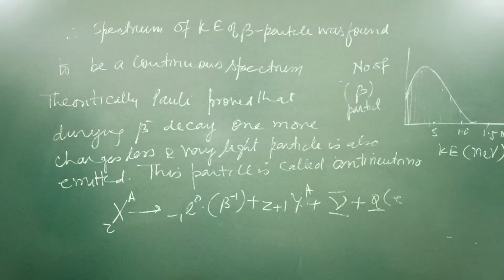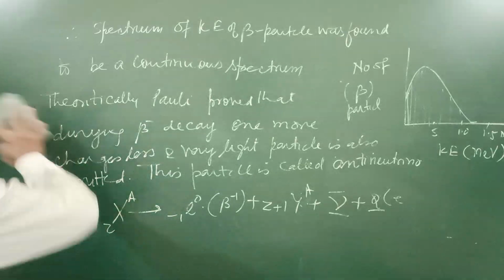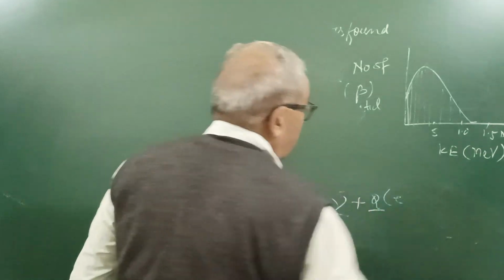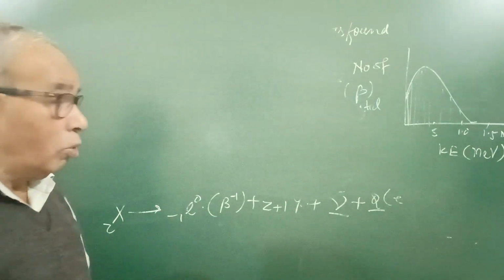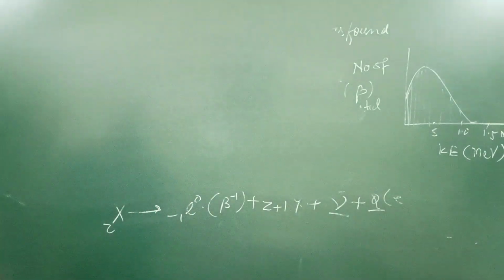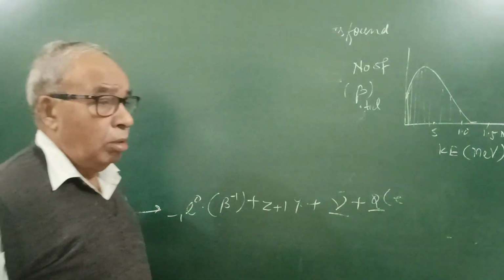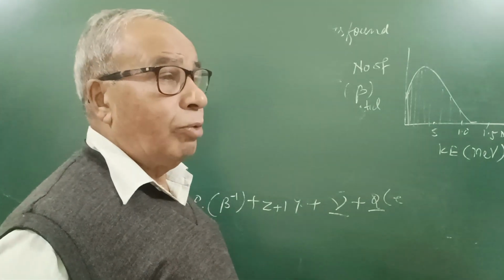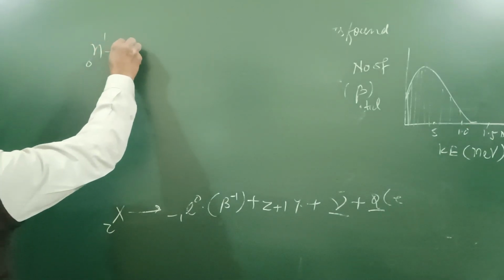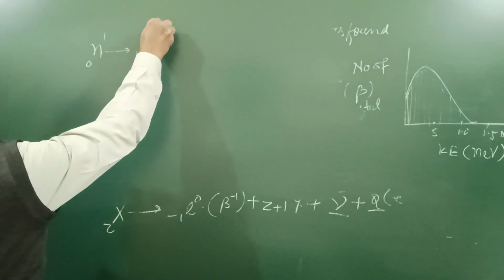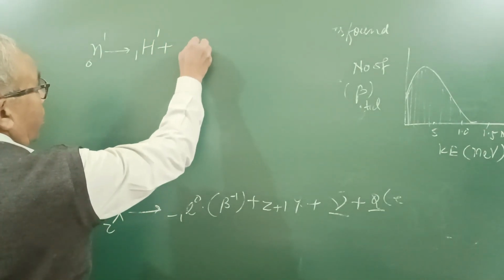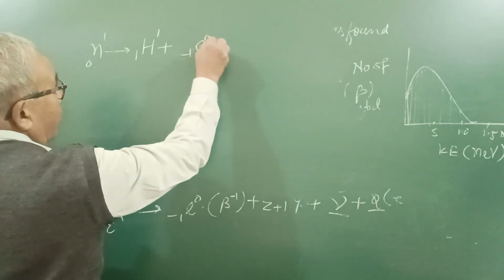Now, how does it take place? From where have the electrons come? Electrons are not present inside the nucleus. Then from where have they come? Actually, when the neutron to proton ratio becomes more than 1, a neutron may decay into a proton plus electron plus antineutrino.